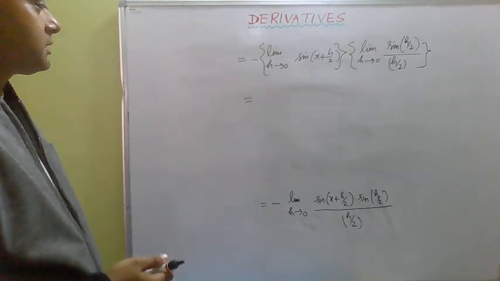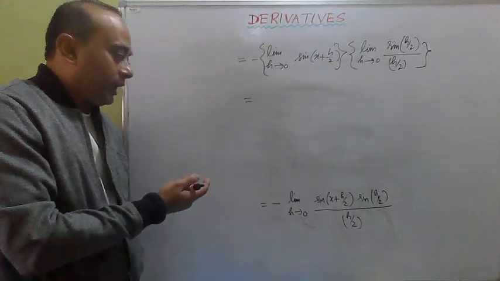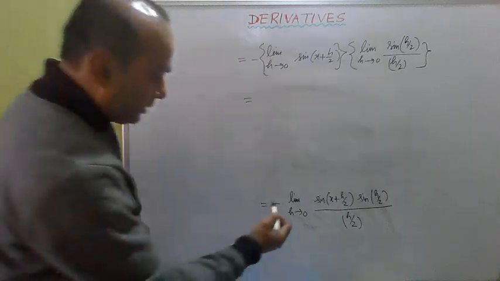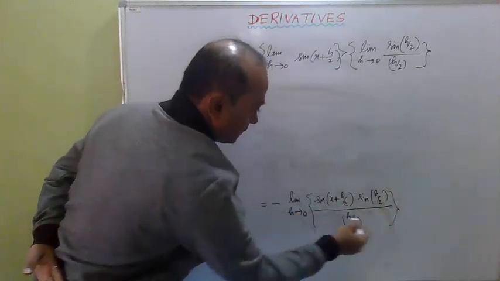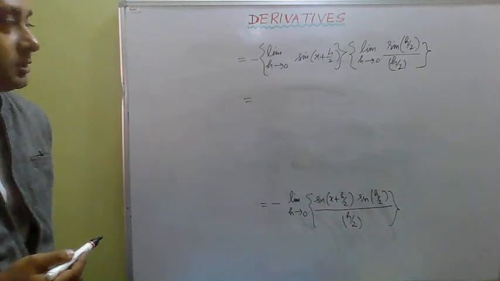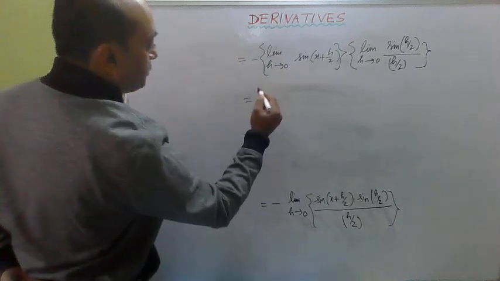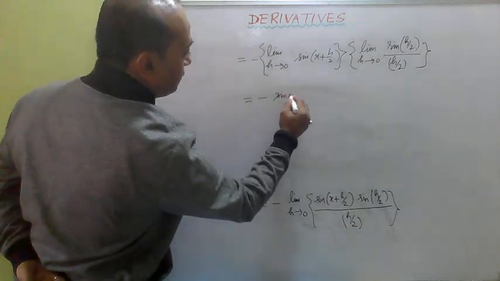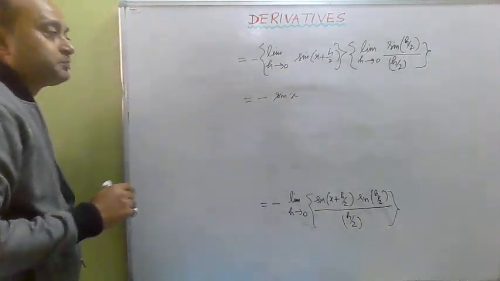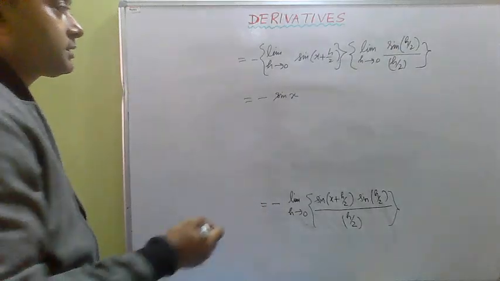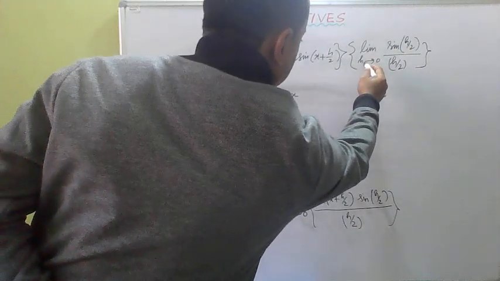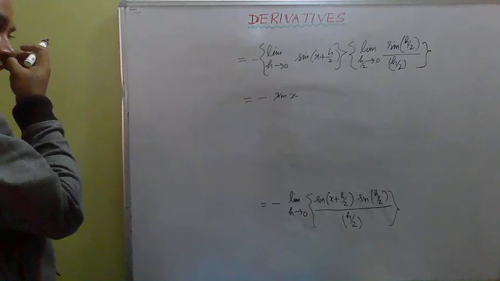So here we have the next step now. As you can see, I have done the algebra of limits here, because limit of product is equal to product of the limits. So in the first case it is a direct substitution, so minus sine of x from the first case. Second case, as in the previous case, I can write down x tends to 0, h by 2 tends to 0.